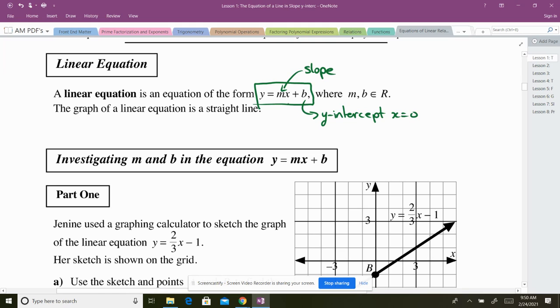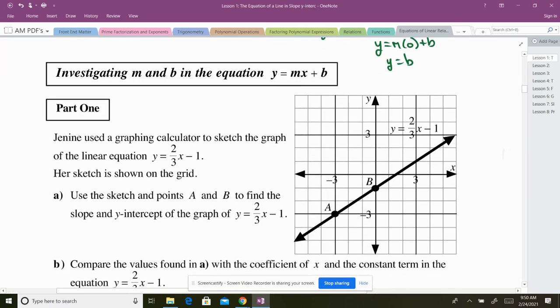If you plug 0 into here, y equals m times 0 plus b. Anything times 0 is 0, so it goes away, and you end up with y equals b. That's why b is the y-intercept. All you need to remember is b is the y-intercept, m is the slope. And then you can graph everything.